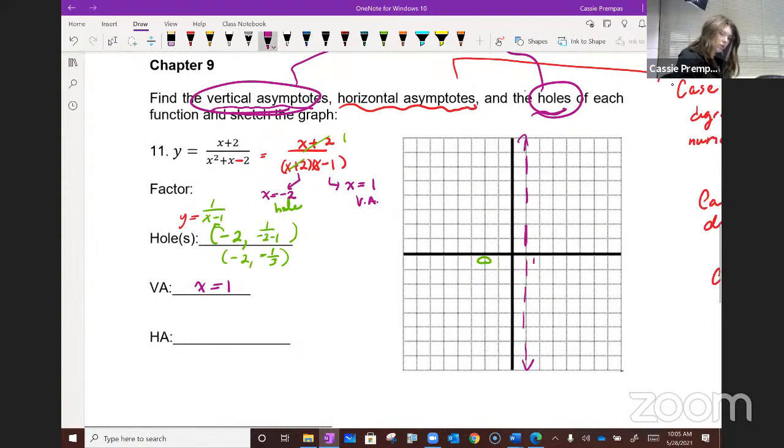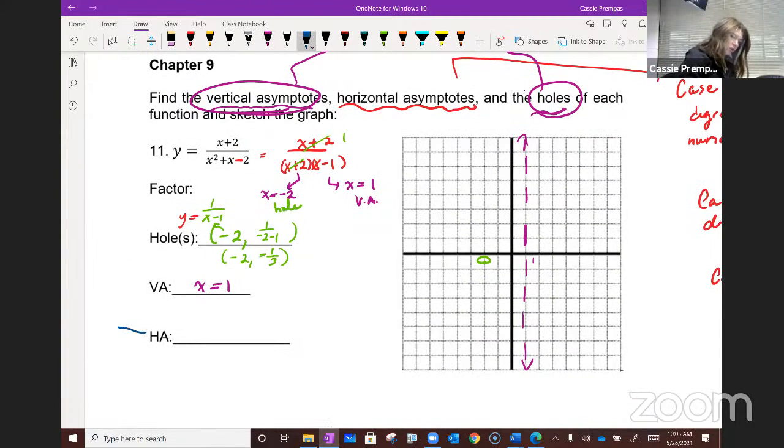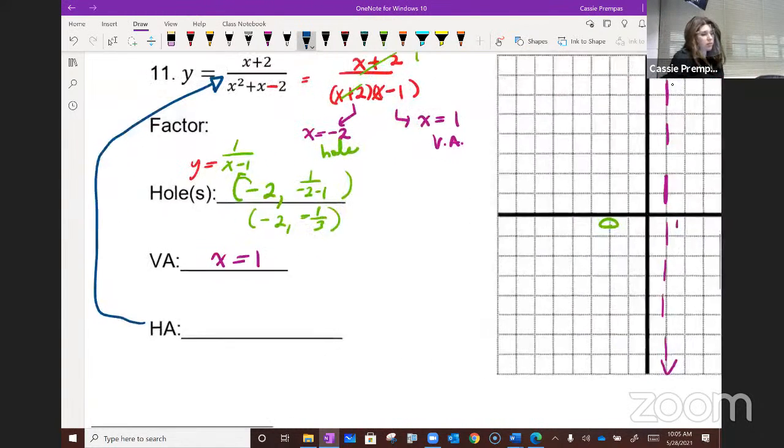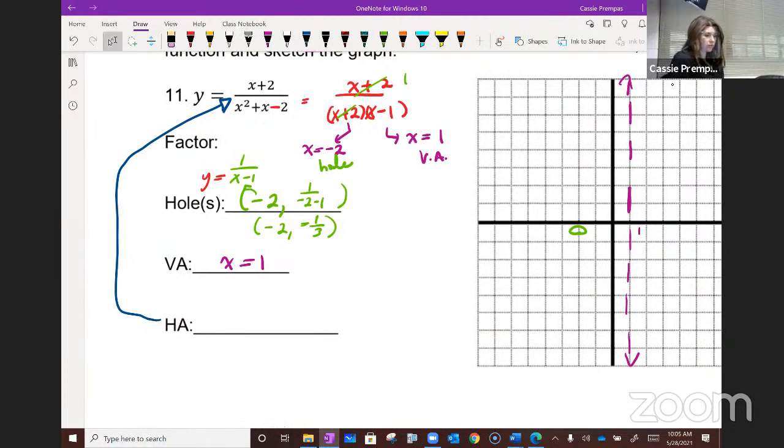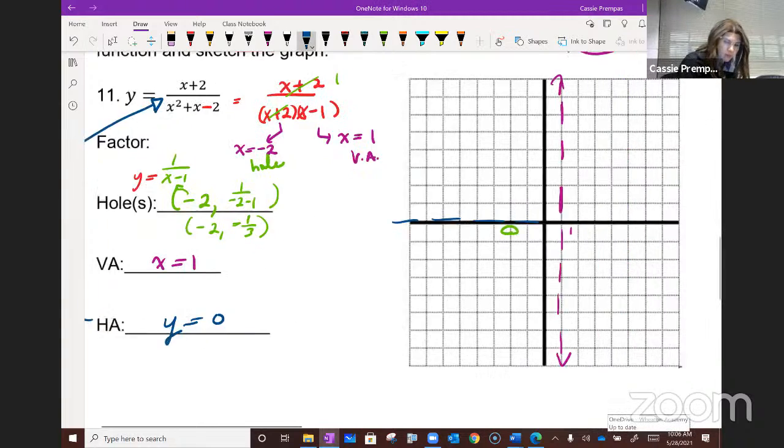And looking back at the original function, can someone raise their hand and tell me what would be the horizontal asymptote of this graph? Cynthia? 0. Nice. Y equals 0 because the degree of the numerator is less than that of the denominator. Awesome. So I'm going to go ahead and graph that horizontal line.